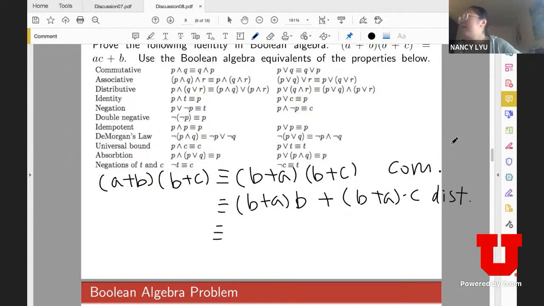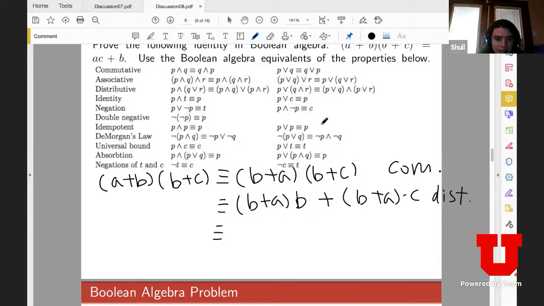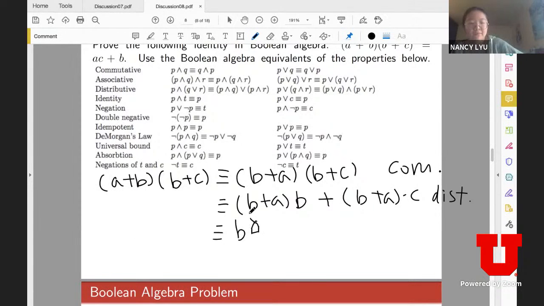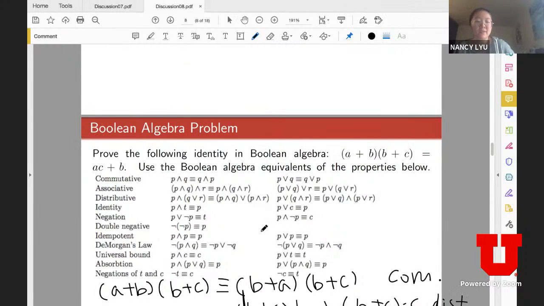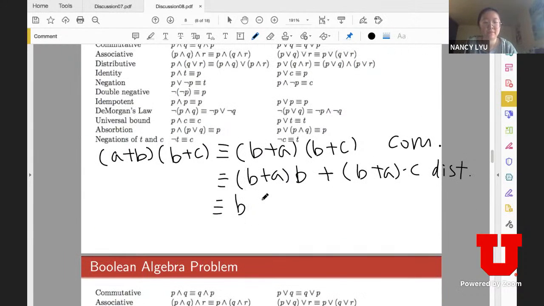And then what do we want to use next? Use commutative with the B plus A dot B. Actually, we don't need the commutative right here, like the first step.